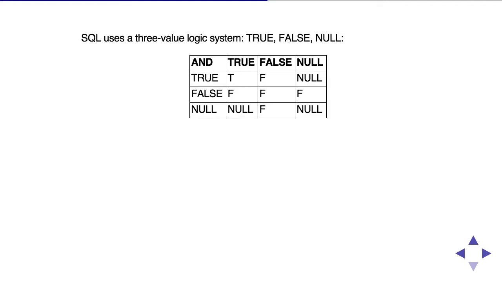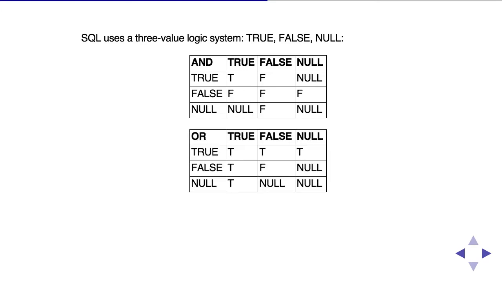It uses basically a three-value system: true, false, and null. If you do true and null, that gives you null, and if you do false or null, that gives you null. Otherwise, it pretty much works the same as you think.